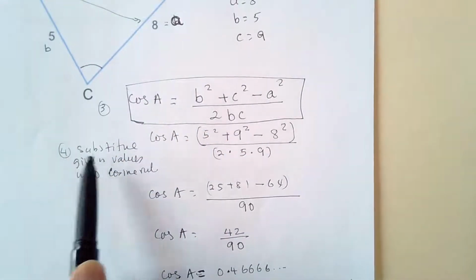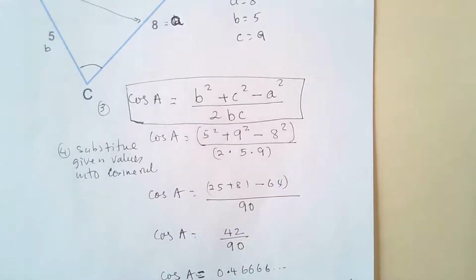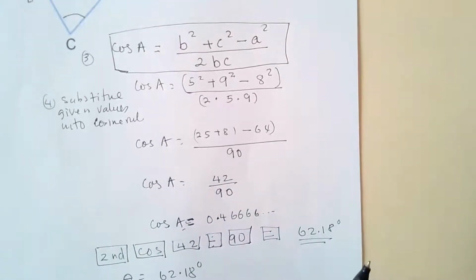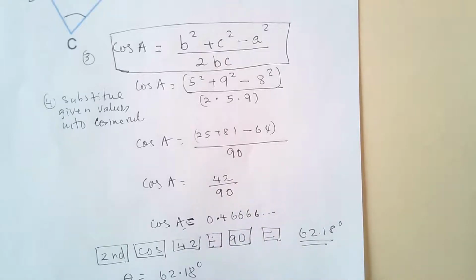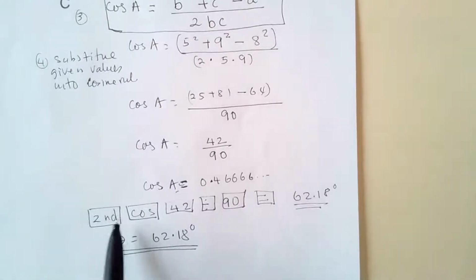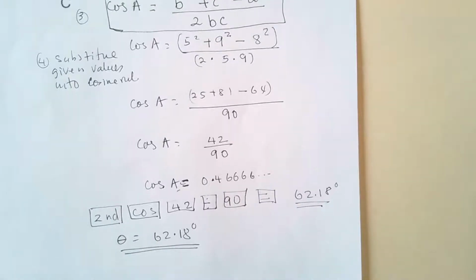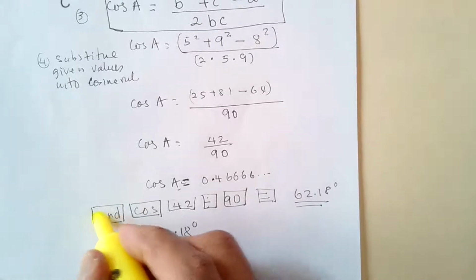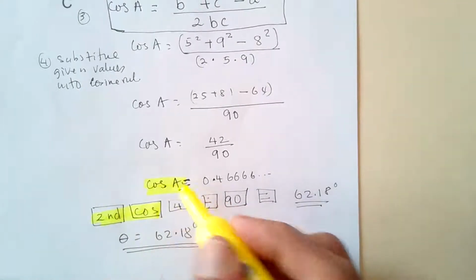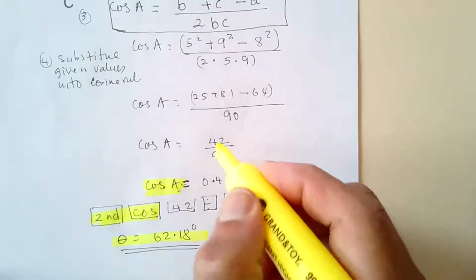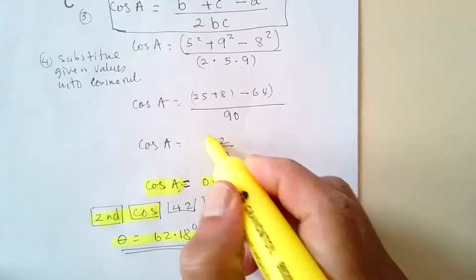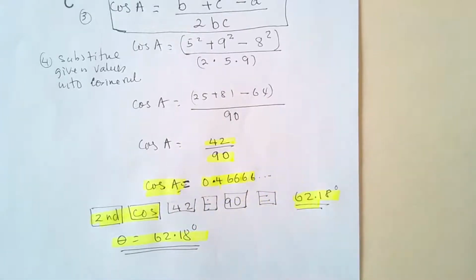Step 4, we substitute the given values into our cosine rule. Then we proceed to do our calculation. Because we're finding the angle, you have to use the second cos button, or the inverse cos button, to arrive at our answer. Just a note, this value here should never be more than 1 when you're using a cosine.